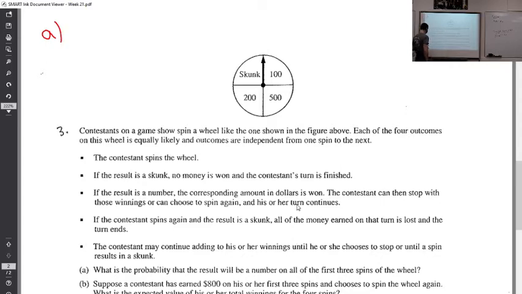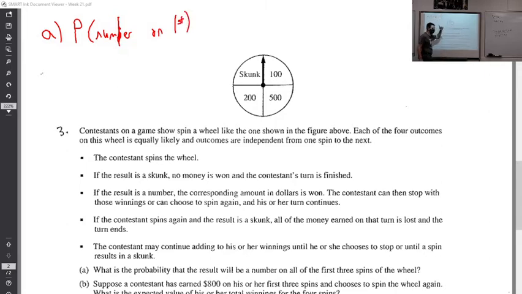Part A. What is the probability that the result will be a number on all of the first 3 spins of the wheel? Well, let's find the probability of a number on the first spin.